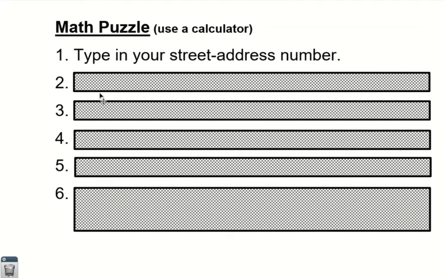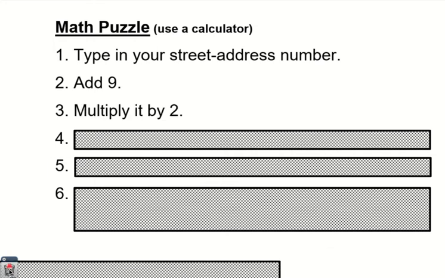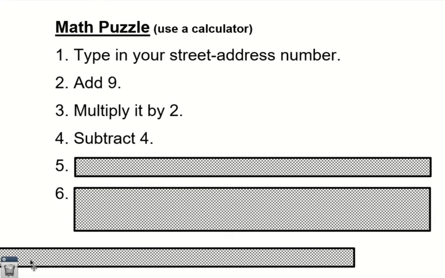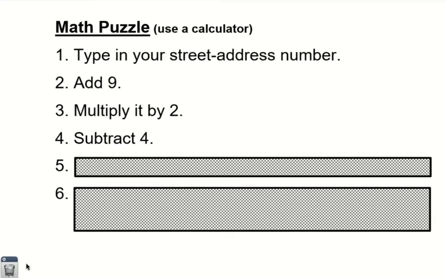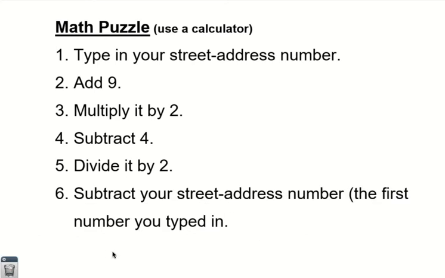Then you're going to add 9 to it, and whatever you get, you're going to multiply that by 2, and then whatever you end up with now, you subtract 4 from that, and then when you get that answer, divide it by 2, and then subtract your original street address number from that.